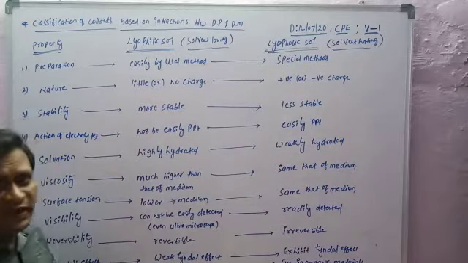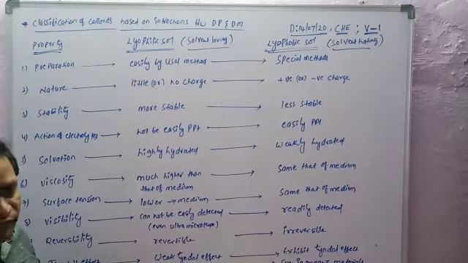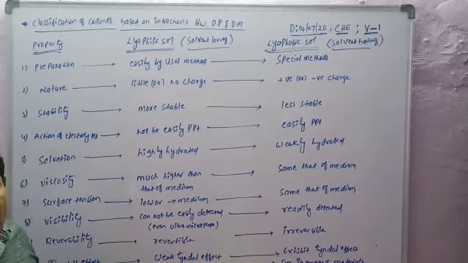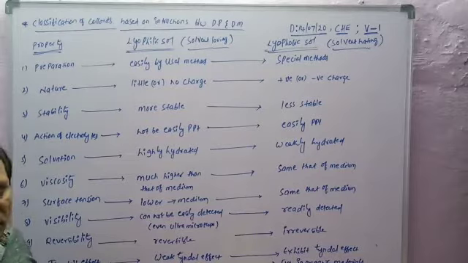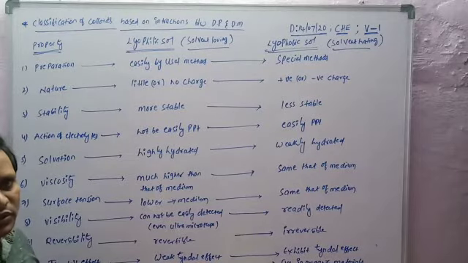Actually, lyophilic sols are prepared from high molecular weight organic compounds, like starch, proteins, cellulose, gums, gelatin, rubber, etc. These are all lyophilic sols.